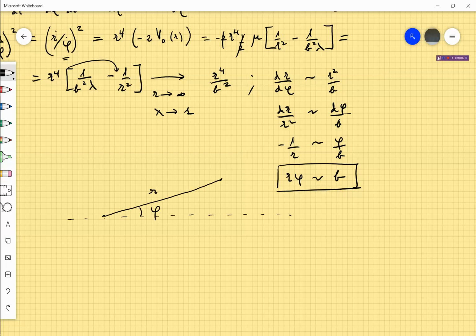The point is that this tells you that the product r phi, which is b, is constant. So when this goes very far away, the motion is parallel to this line here. So b remains constant, and the interpretation of this parameter b then is that it is the impact parameter.